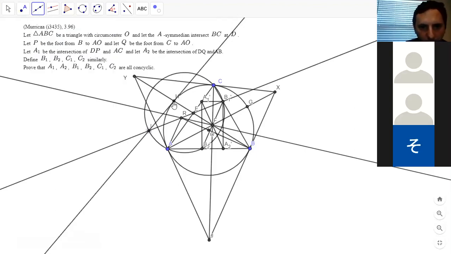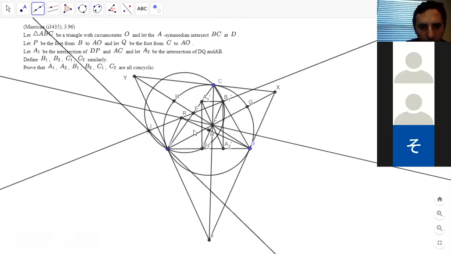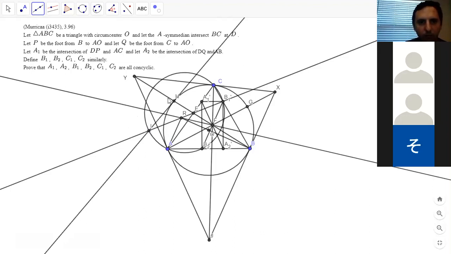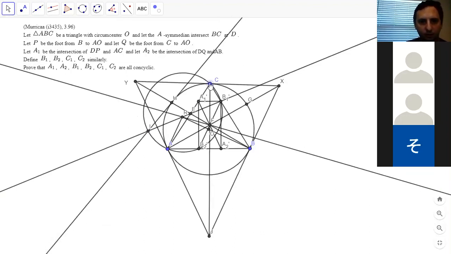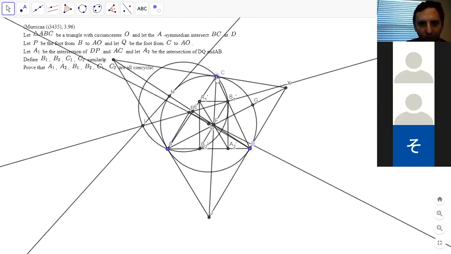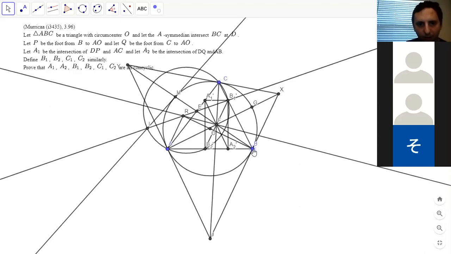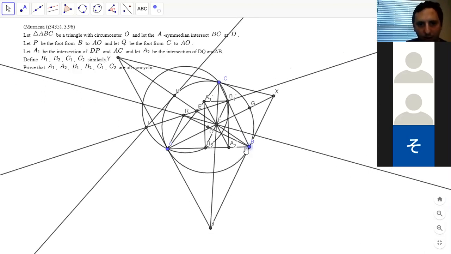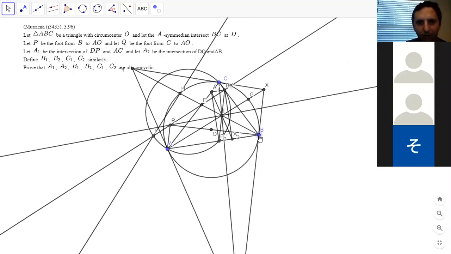Is IH tangent? That would be interesting. Oh, it looks true. That would be really interesting. I think it's true. Oh no, it's not true. Oh man, that was so close.